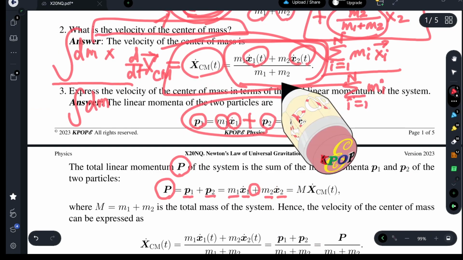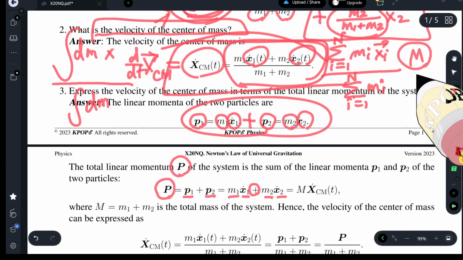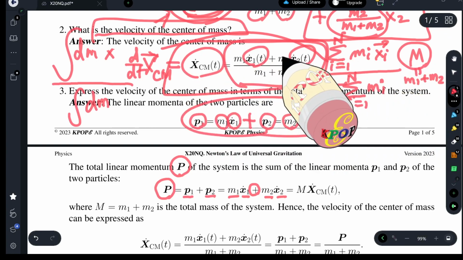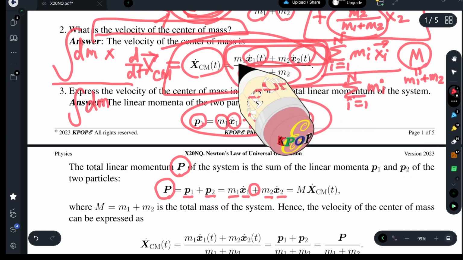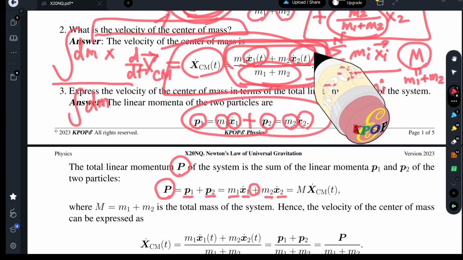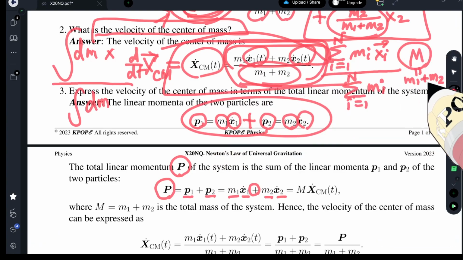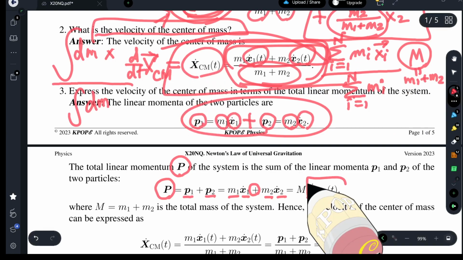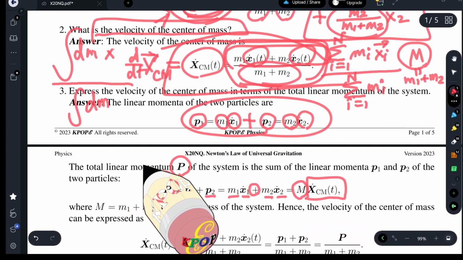What should I do? If I multiply both sides by the total mass M, that is the sum of m1 and m2, then this denominator disappears and it is identical to the total linear momentum. Therefore, this capital M, the total mass, multiplied by the velocity of the center of mass gives the total linear momentum.